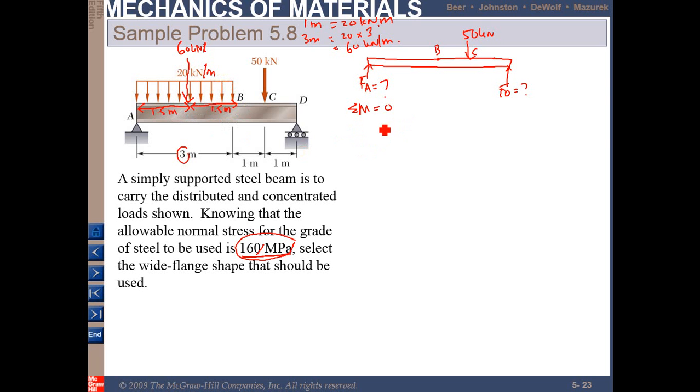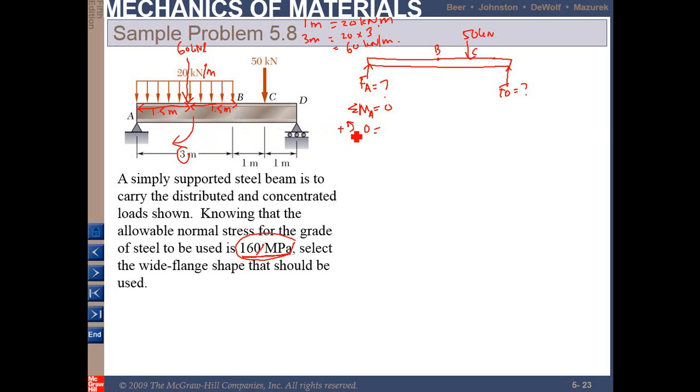So the moment, let's say we take moment at point A, should be equal to 0. If we take this direction as positive, this 60 should be negative because it will go this way.